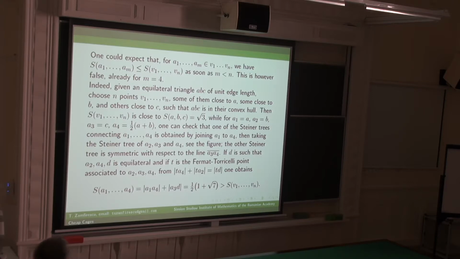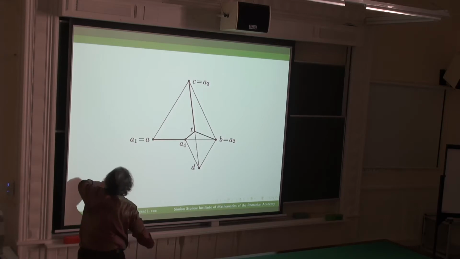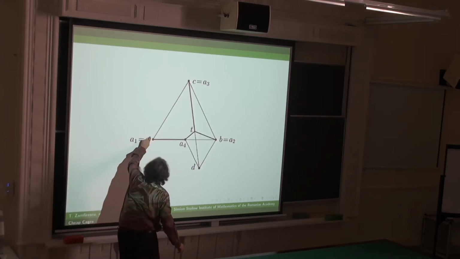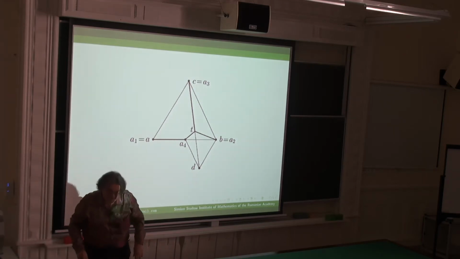And this can be seen, I will skip this part because I explain here, it's easier to see on a figure. If you take many points close to A, B, and C, this is an equilateral triangle, close such that here a couple of them, and here, and there, so that ABC is inside the convex hull.